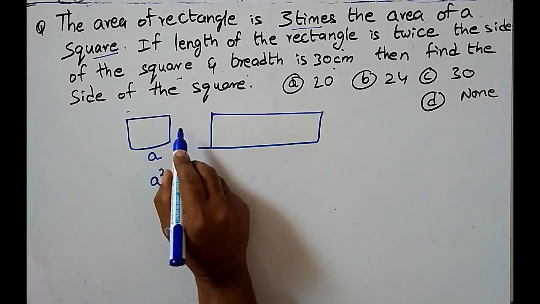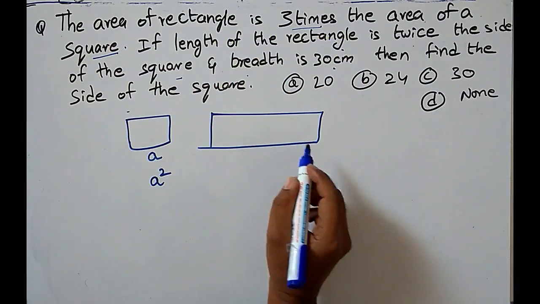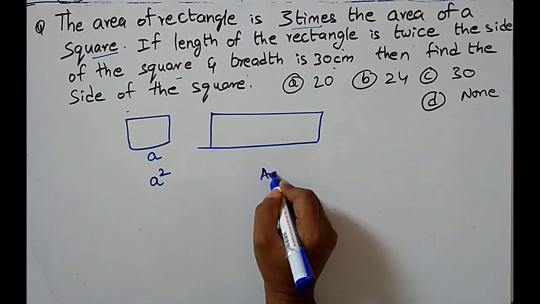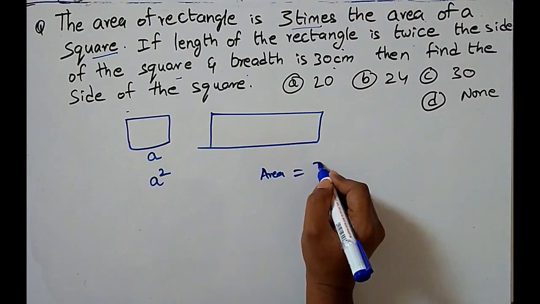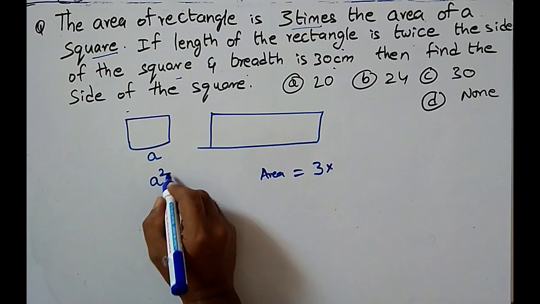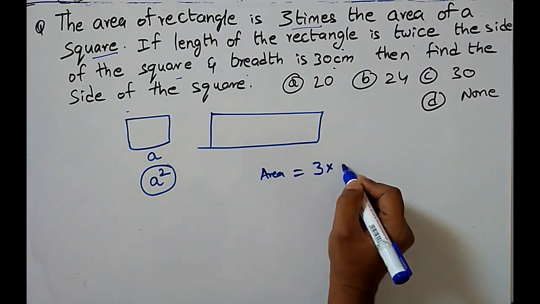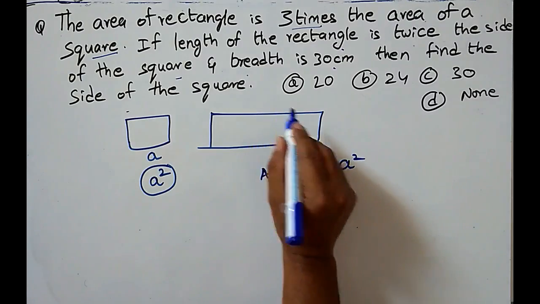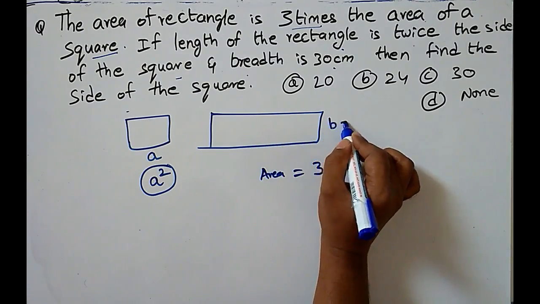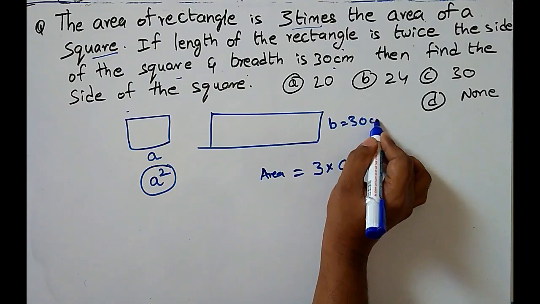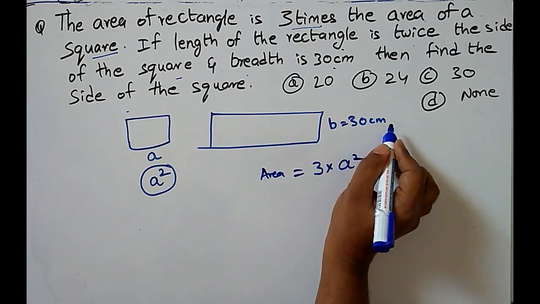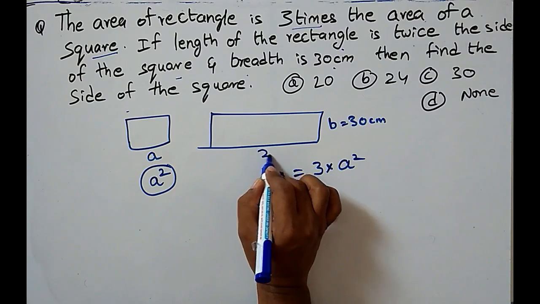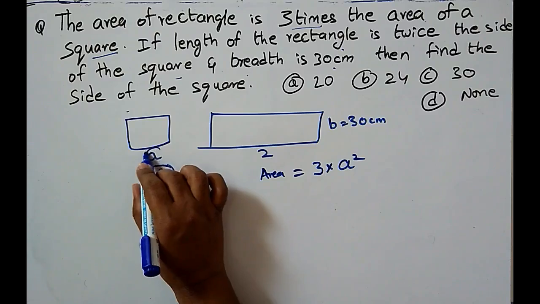What is he saying? The area of the rectangle is 3 times the area of the square, that is A square. Here in this question, the breadth of the rectangle is given, that is 30 centimeters, and the length of the rectangle is twice the side A.